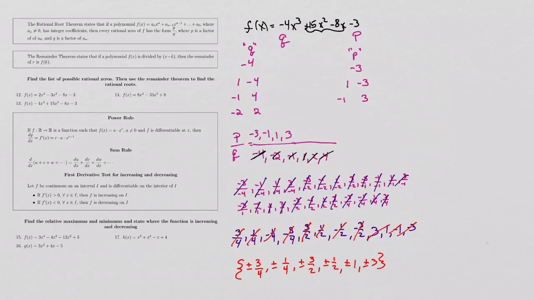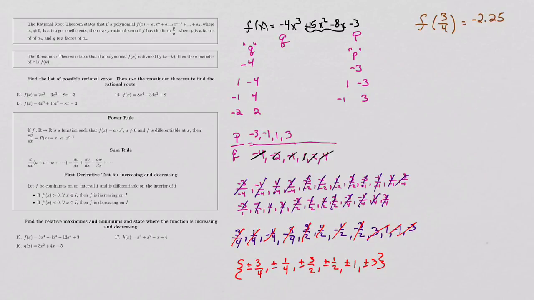Basically, it tells us if we evaluate our function, if we do like f of 3/4, this is back to Algebra 1 notation. Well, f of 3/4 is -2.25. Well, that is not a zero because it has to equal 0.